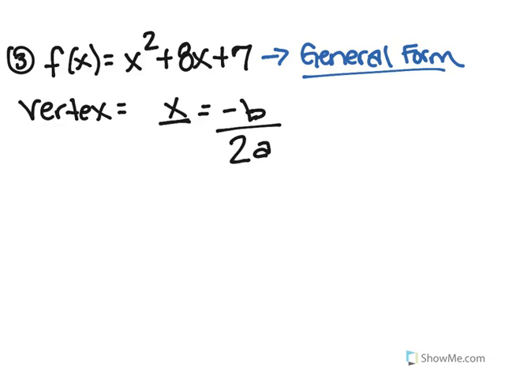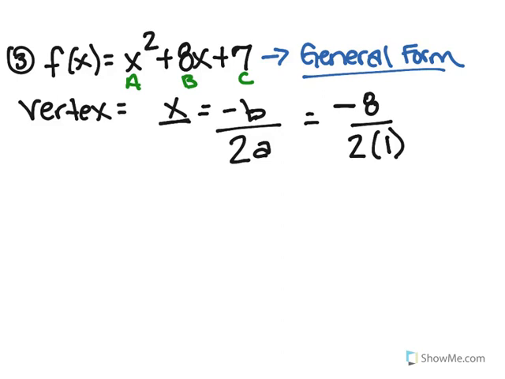Now, you need to know what a and b are. This goes all the way back to the quadratic form. When we plug into the quadratic formula, we know this is a, b, and c. All right? So you're going to say minus your b coefficient, which is 8, over 2 times the coefficient on a, which we know is an understood 1.